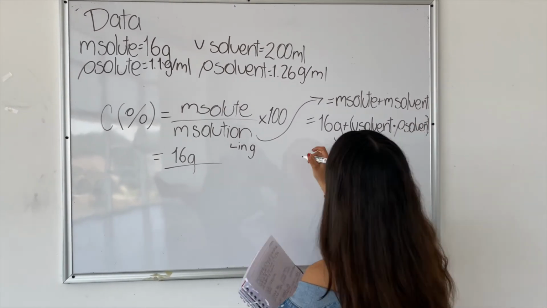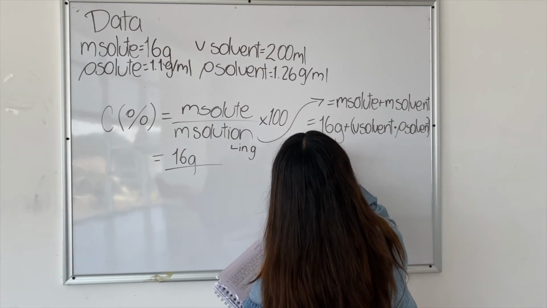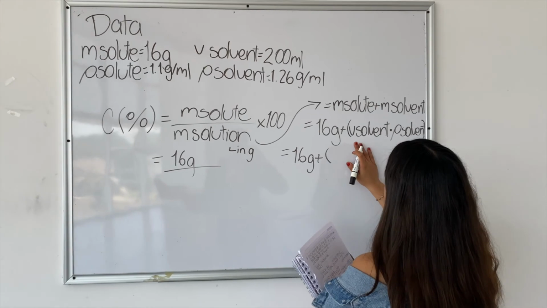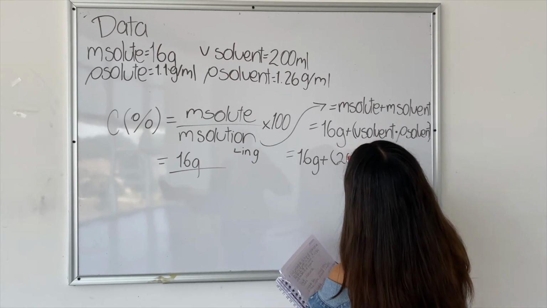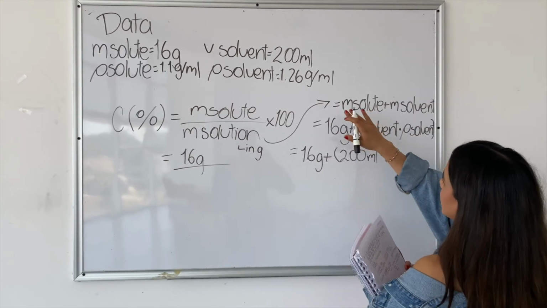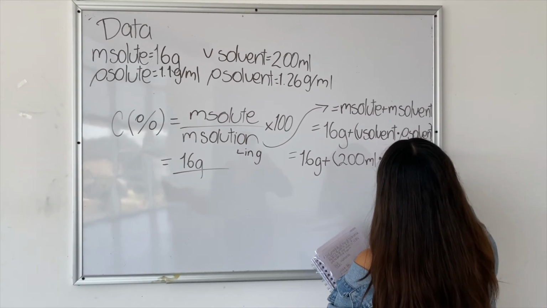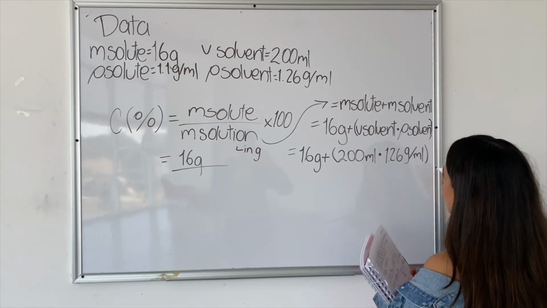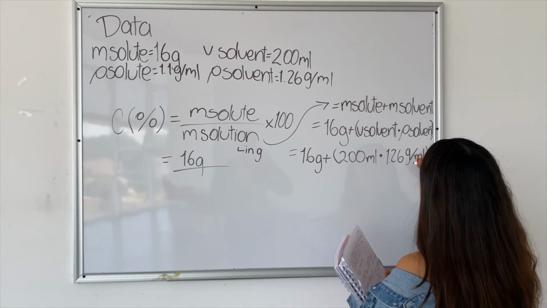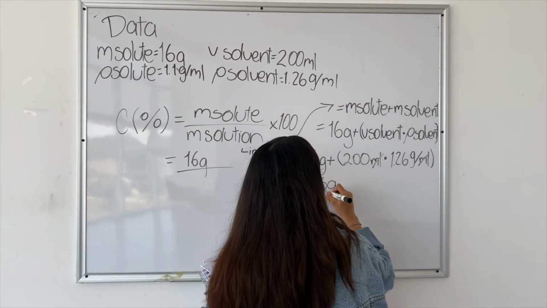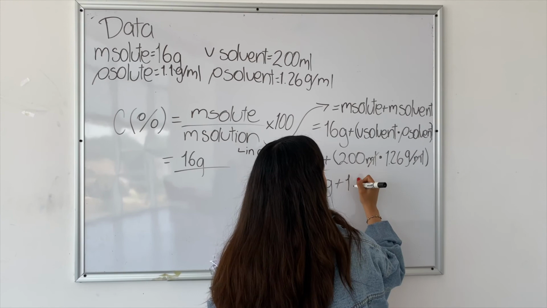Okay, so 16 grams plus our answer for this would be: mass solvent is equal to 200 milliliters times the density of the solvent, which is 1.26 grams per milliliter. So we know that we have to cancel this, and it turns out to be like this.